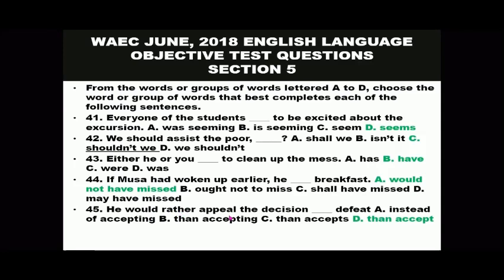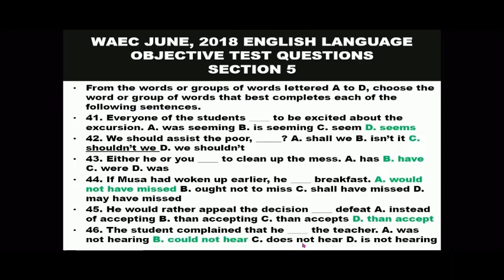45, he would rather appeal the decision than accept defeat. That's the correct option. 46, the student complained that he dashed the teacher, that he could not hear the teacher. Now, this is a test of your knowledge of sequence of tenses.